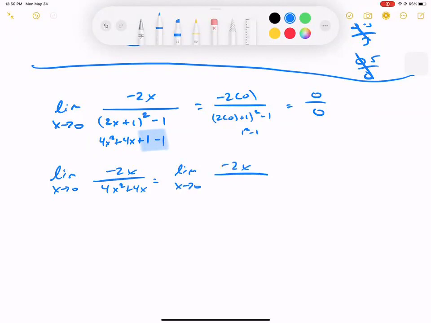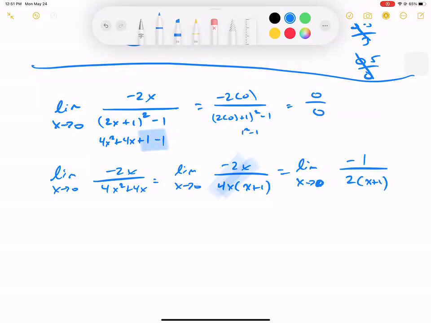On the bottom, you can see they have a 4 and x, don't they? So I'm going to take out the 4x, left over x plus 1. And we're going to go ahead and divide out our x's and 2's, okay? We're left with the limit as x approaches 0 of negative 1 over 2 times (x plus 1).